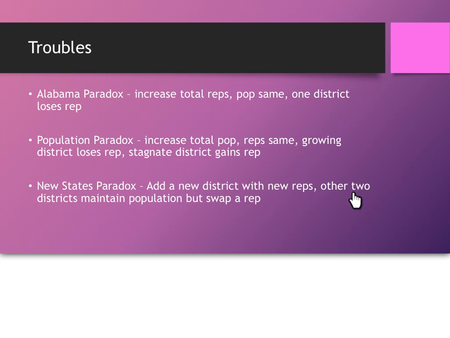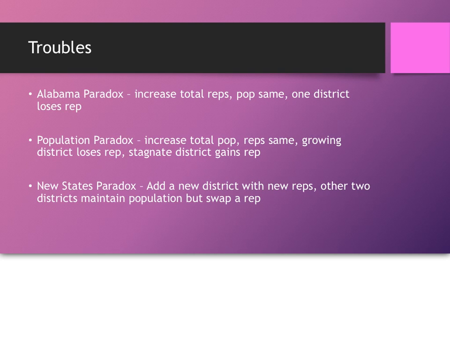But the other 2 districts stay the same population-wise, but one of them increases a representative and one of them loses a representative. That's called the new states paradox. Again, these are things that can happen in Hamilton's method. These sort of counterintuitive ideas.